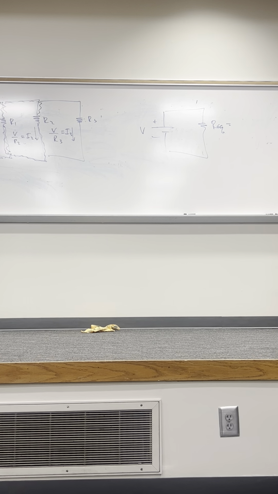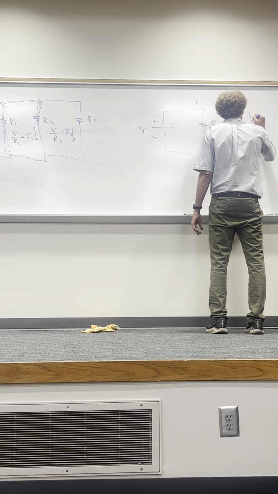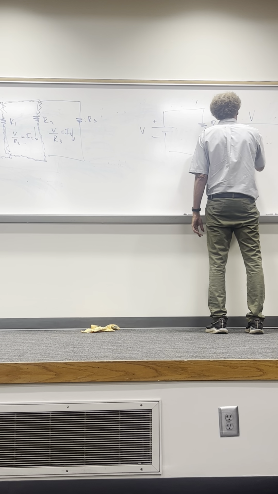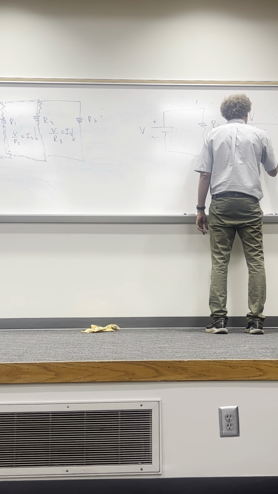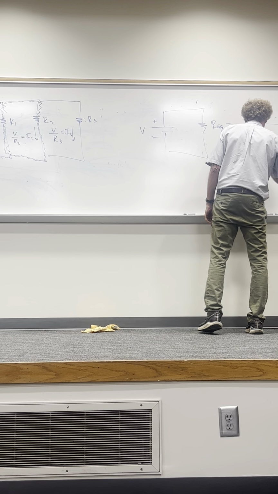So the definition of resistance is the voltage divided by the current in the element, right? So the voltage is V. Just watch, you'll see. And what's the current? Well, it's V over R1 plus V over R2 plus V over R3.